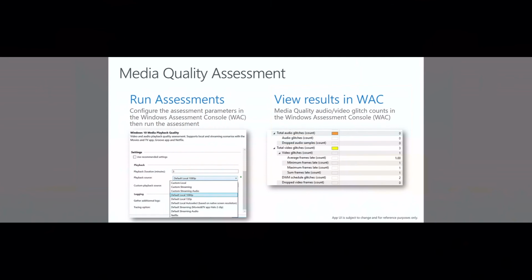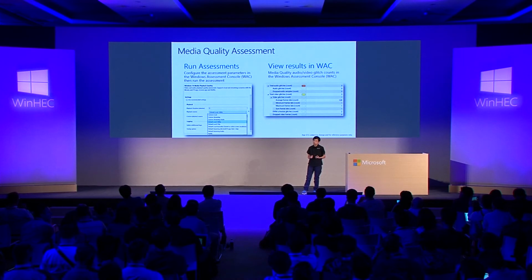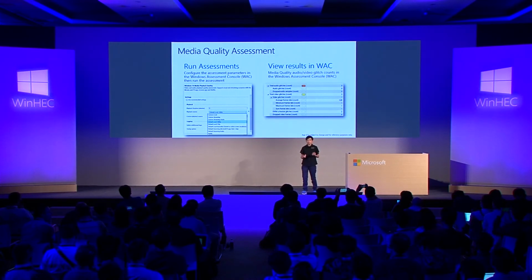The media quality assessment offers several playback sources, including local and streaming videos in the Movies and TV app, and Netflix streaming. The assessment captures ETW logs, which are post-processed to generate audio or video glitch counts, which can be viewed in the Windows Assessment Console.